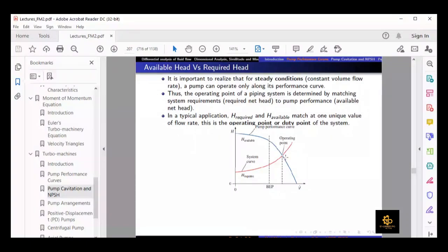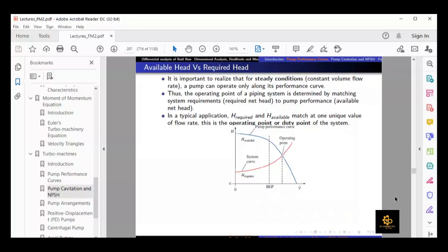But as an engineer, what is our task? We need to select a pump having such impeller diameter or rotational speed that this operating point is close to the best efficiency point, so that it would give us the maximum efficiency for the arrangement, right? That is our task as an engineer in industry. The available head is something that we can calculate, or it is usually given by the pump manufacturer, and the required head we can calculate by considering major losses and minor losses.